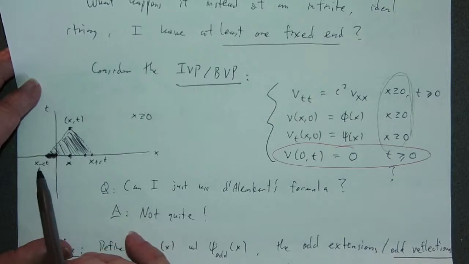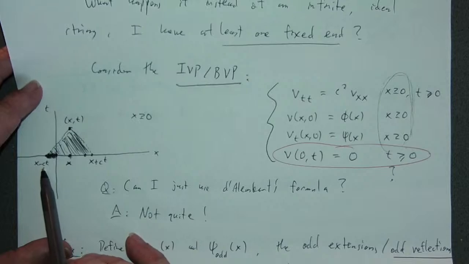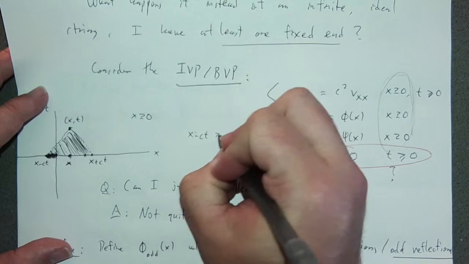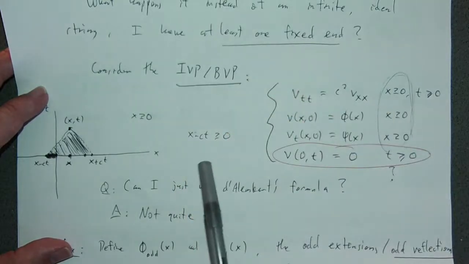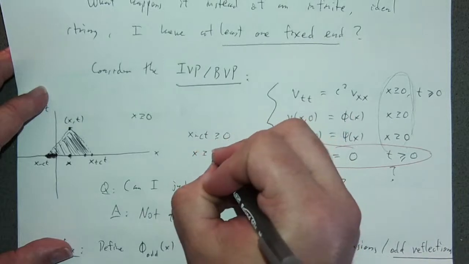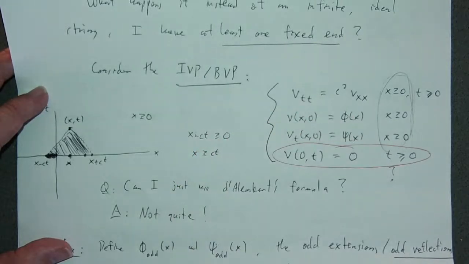So it's purely a question of whether x minus ct is greater than or equal to 0 to be in my old case. Or I want x to be greater than or equal to ct.